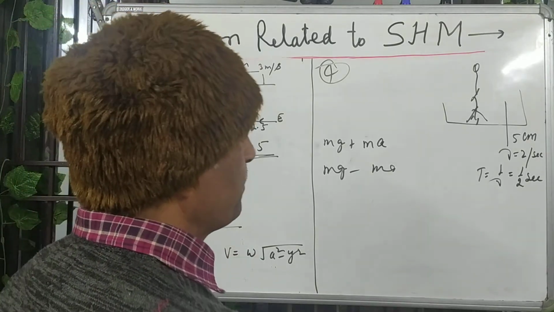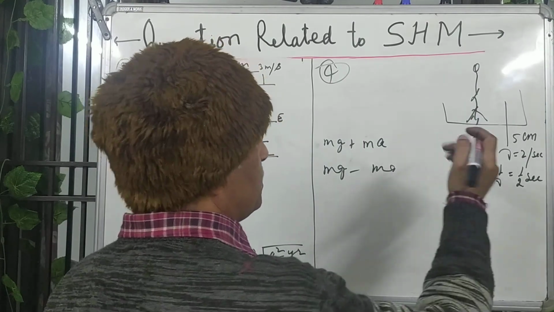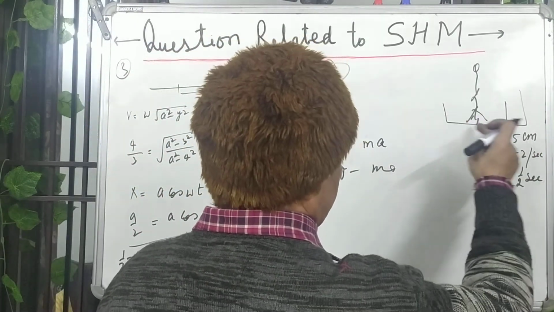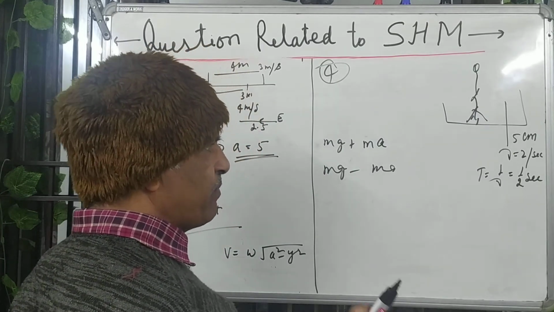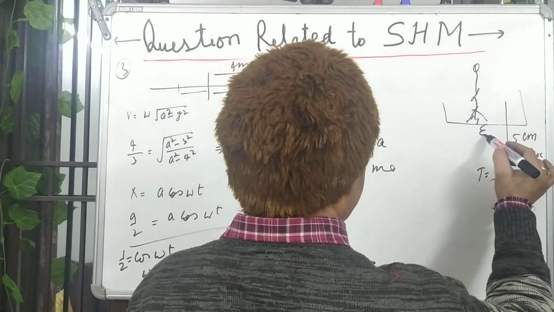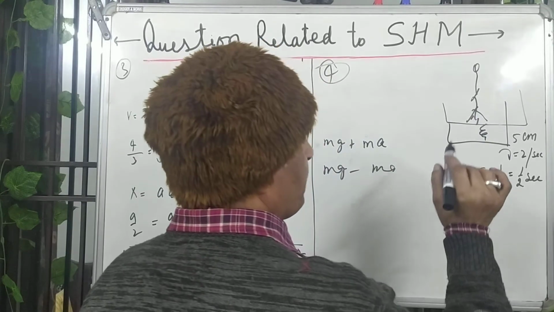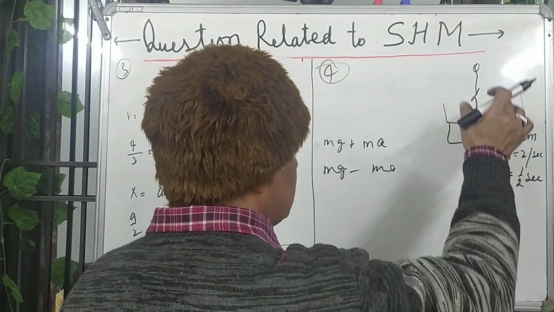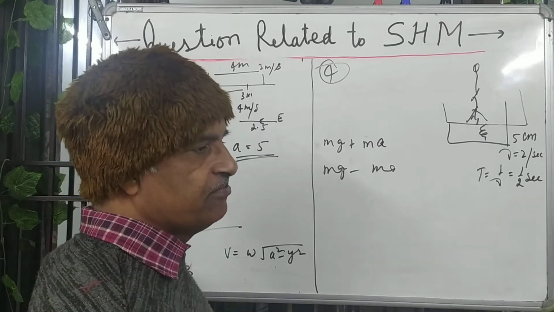This is another question. This is a spring weighing machine, a spring balance machine. Here there will be a spring and this is the machine. In this machine a man is standing, and his weight will be mg.